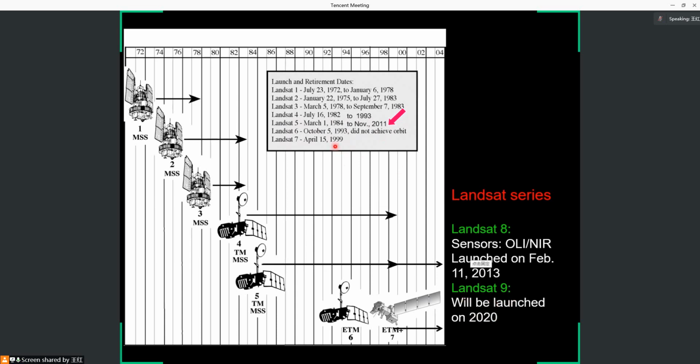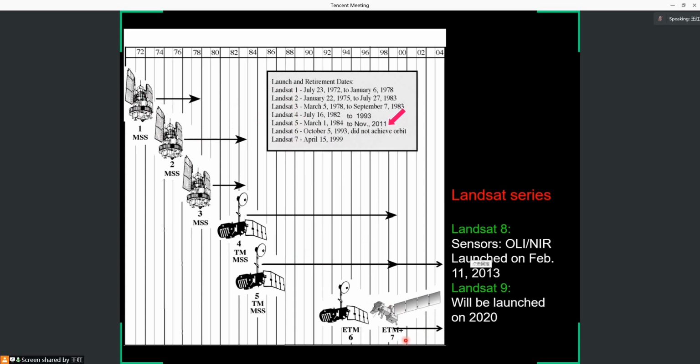If you want to study long-term change, the Landsat series may be the best data source you can choose, because you can use the same platform and data source across a long time, 40 to 50 years.